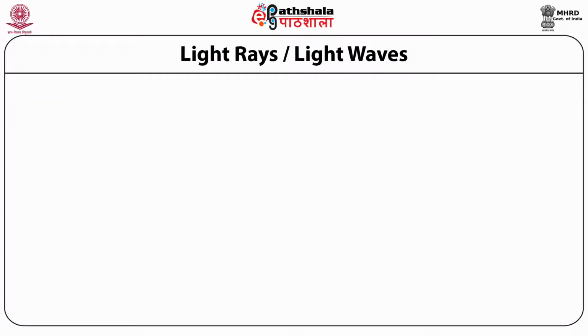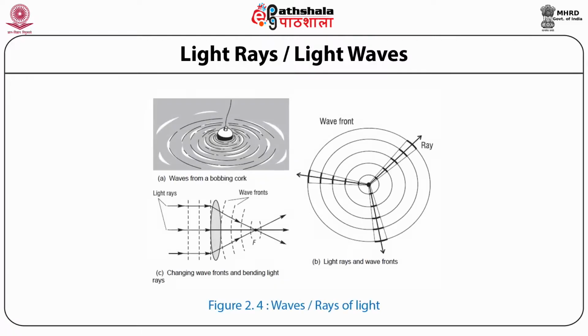Now we talk about light rays and light waves. It's important to know the geometrical connection between the light rays and the light waves. Wave motion is visualized in terms of water waves as shown here in the figure.